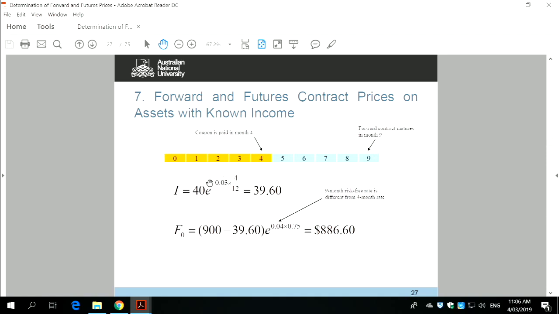How do we do that? $40 multiplied by e to the minus, so instead of positive, it's minus 3%, multiplied by the time horizon expressed as a fraction of a year, 4 months divided by 12 months, and you get the present value of that income as $39.60.